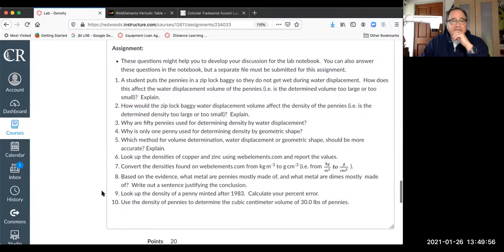So that's the lab you should be working on today, tomorrow, the next day. You don't want to wait until the day it's due to start the lab. That's always a bad idea, because when a lab is due, you may or may not be able to contact me quickly.